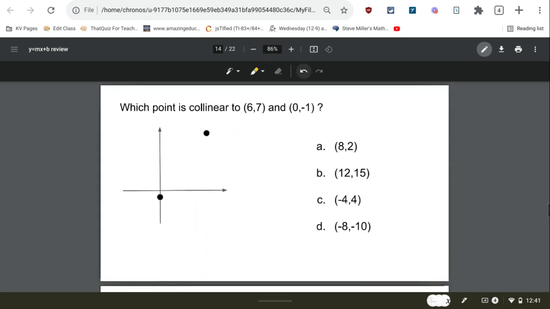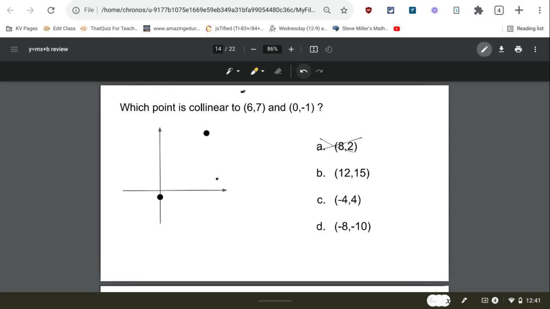Which point is collinear to those two? All right, I would plot the points. This would help me rule out some options. (8, 2) would be 8 to the right and up 2, so it would be about right there. So that's definitely not collinear. (12, 15) would be 12 to the right and 15 up.